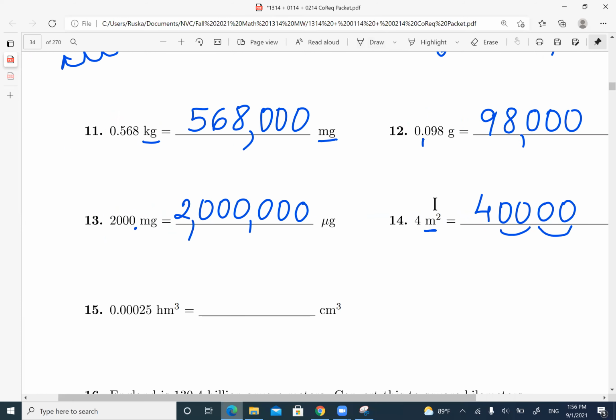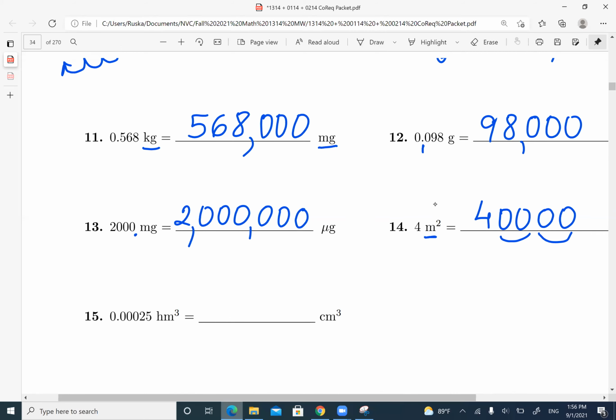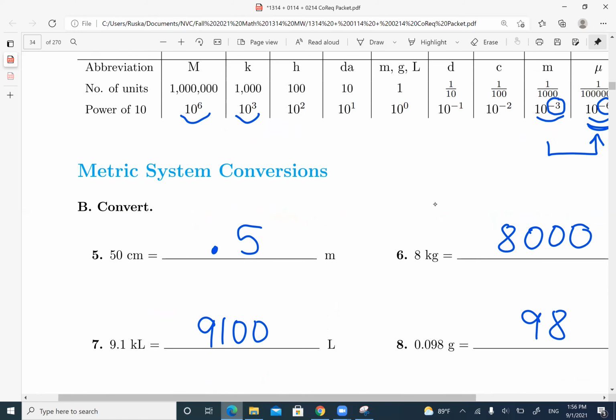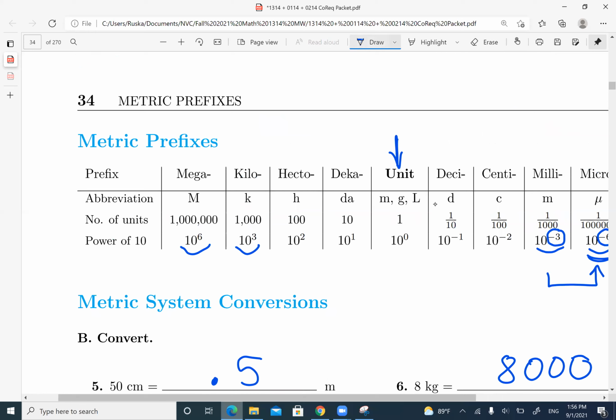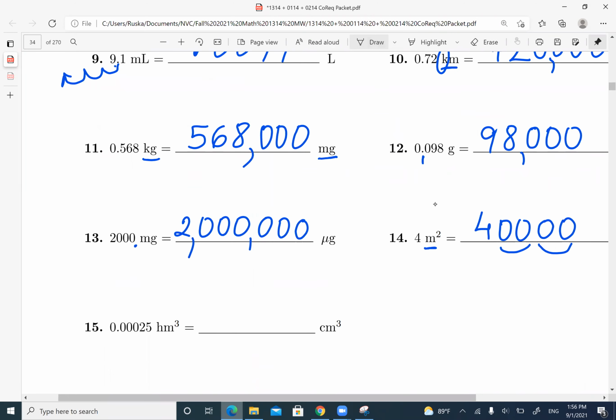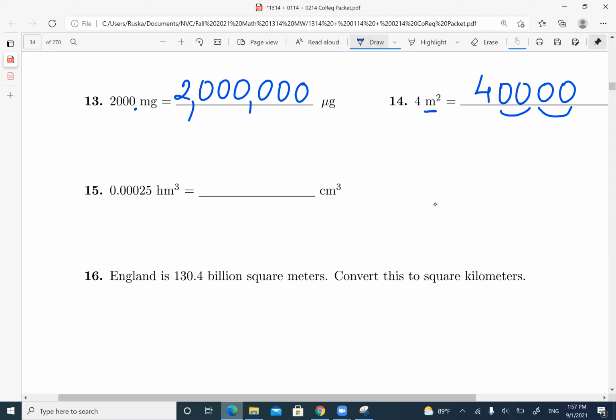So the same way with hectometer, cubic hectometer to cubic centimeter. So let's see how many steps away it is, hecto to centi. Hecto is here, and this is centimeter, right? So we have 1, 2, 3, 4 steps away. So it's 4 steps to the right. That means you're going to move it 4 places to the right.